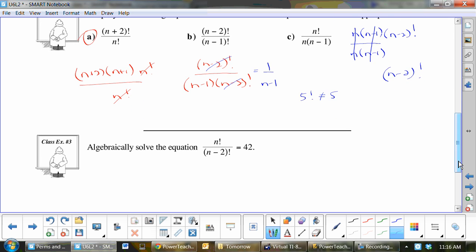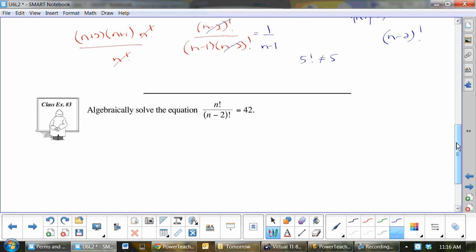Okay, now here is a question that you're going to have to be able to know how to do the above. If I had n factorial over n minus 2 factorial, this is an easier question. I mean, you might even be able to guess and test for a while and figure that one out. Okay, but let's use our knowledge of canceling. Which one is bigger? Top.